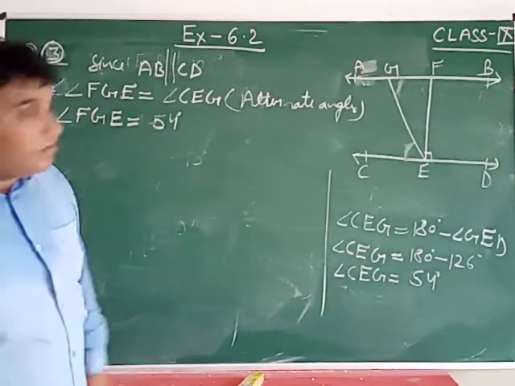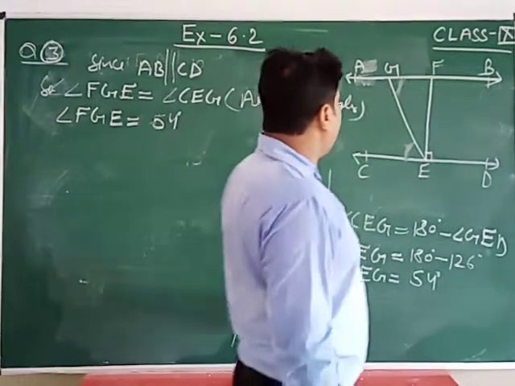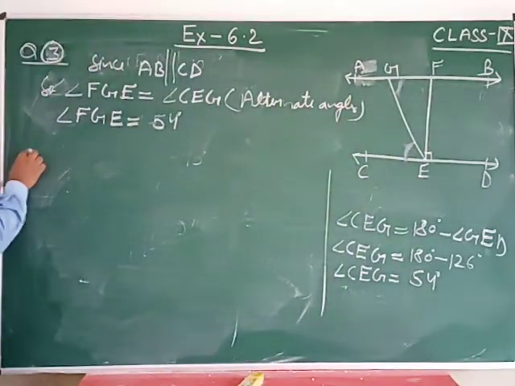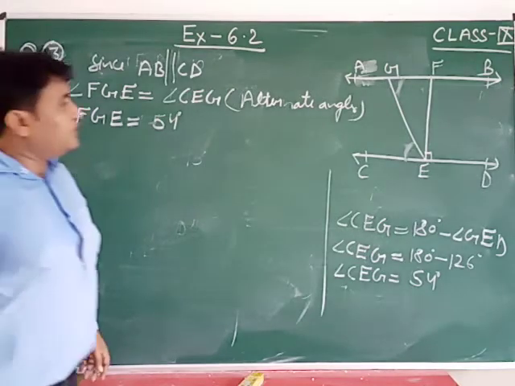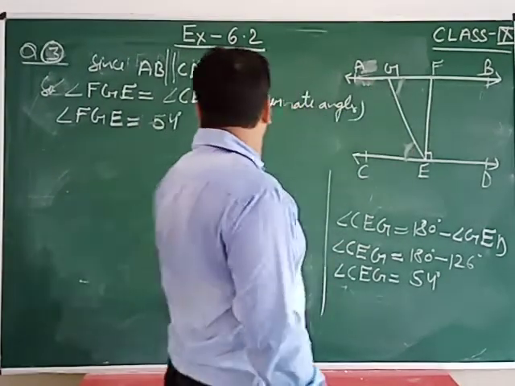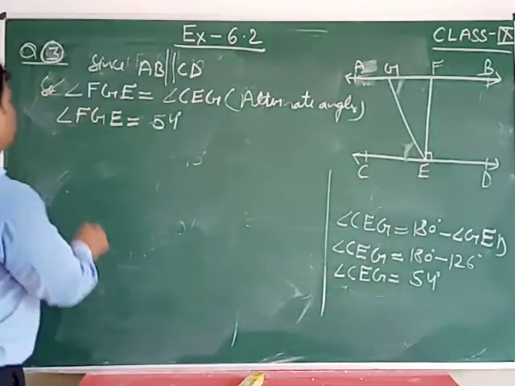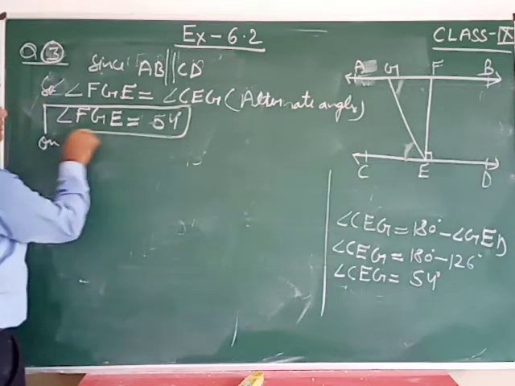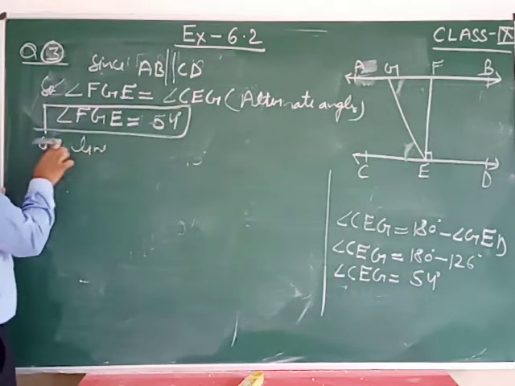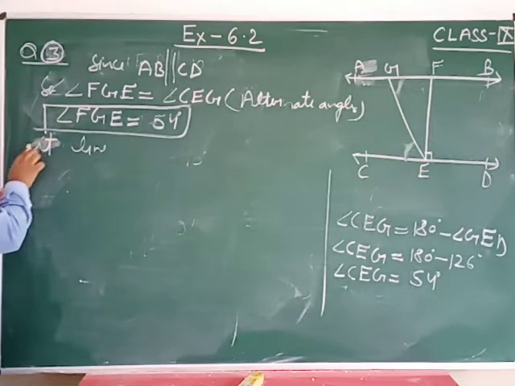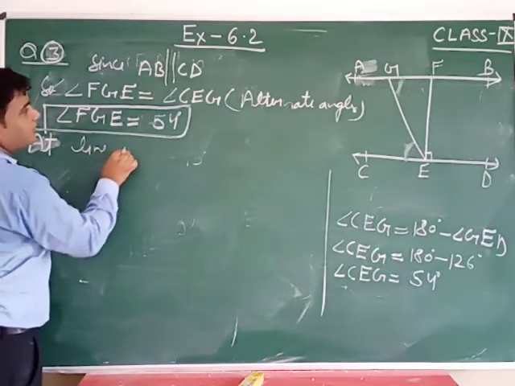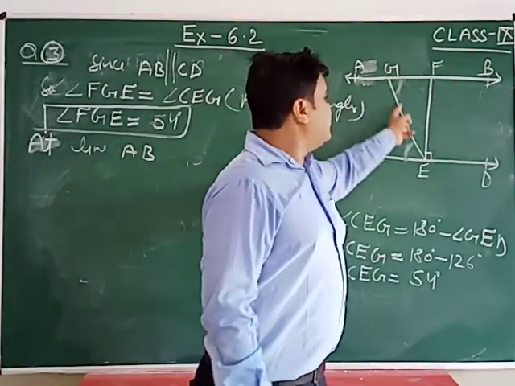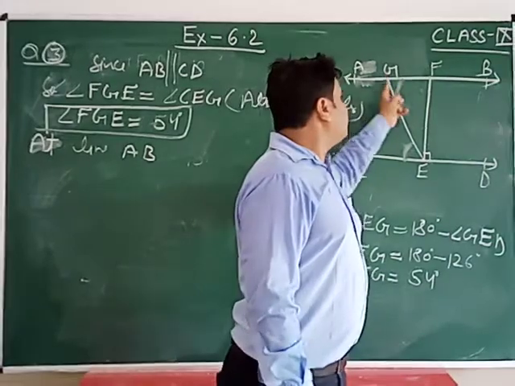FGE is 54. Now we have to find AGE. See carefully, AB is a line and this ray stands on it.